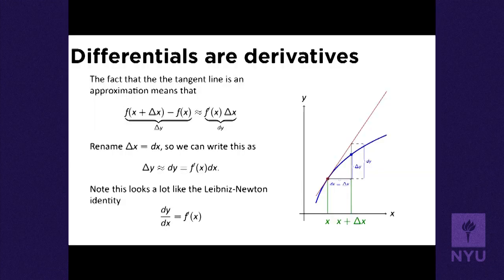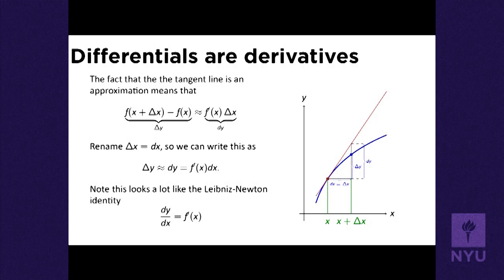So if you look at the picture, what's going on here? I want to estimate delta y, that is the change in y values, the vertical separation between f of x and f of x plus delta x. That might be complicated because f is not a nice linear function. So let me substitute a nice linear function and instead compute the change in the function values on that linear function.